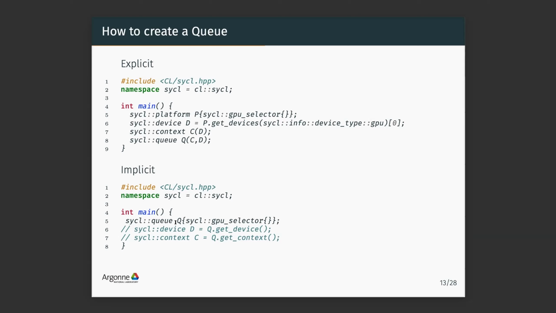So you can tune the default queue, the device, and it will just give you a queue. And after, you can also go up the hierarchy chain. From a queue, you can get the device. From the queue, you can get the context. So you have APIs to go either way. So this is nice.